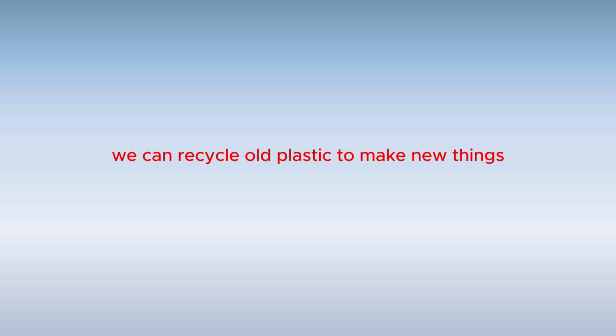Chapter 7. Recycling plastic. We can recycle old plastic to make new things. This is how we recycle plastic bottles to make t-shirts. 1. We take plastic bottles to a recycling center. 2.